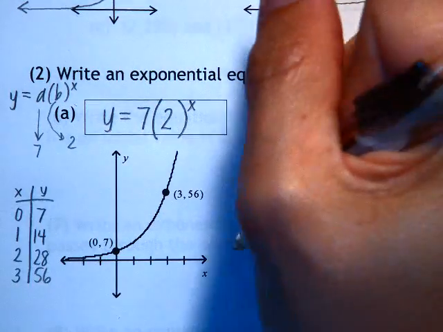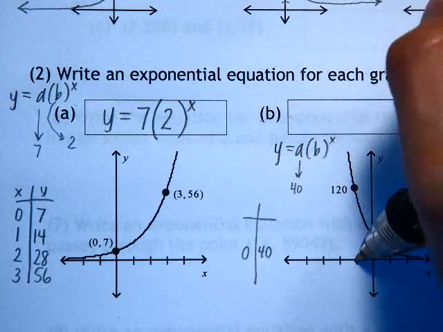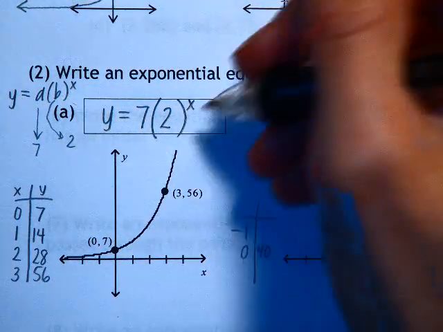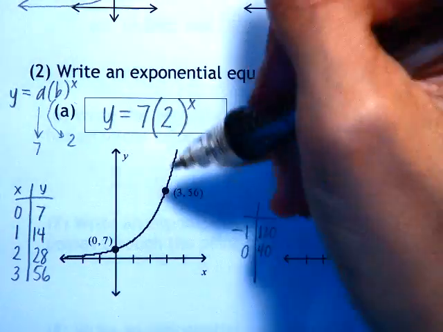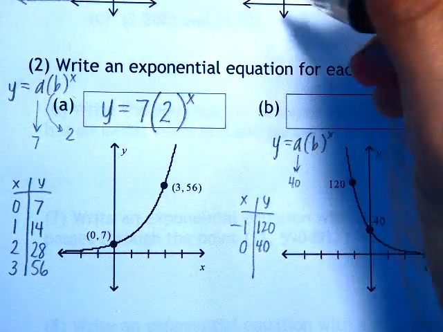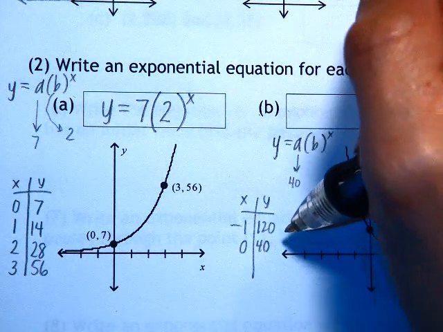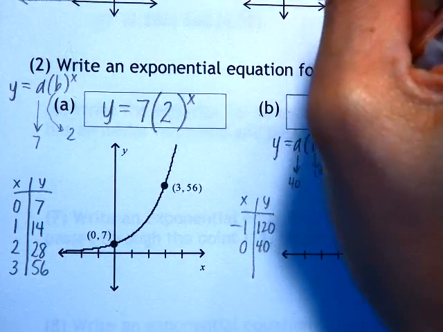It looks like 0 and 40 is definitely a point, and to the left of 0, which would be -1 as a coordinate, that's our 120. So even though it's a little unorthodox as sequences go, we can certainly tell that the multiplier is 1/3, because 120 to 40 is dividing by 3, which means the multiplier of 1/3.